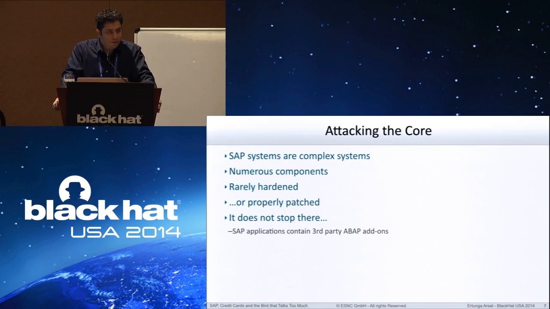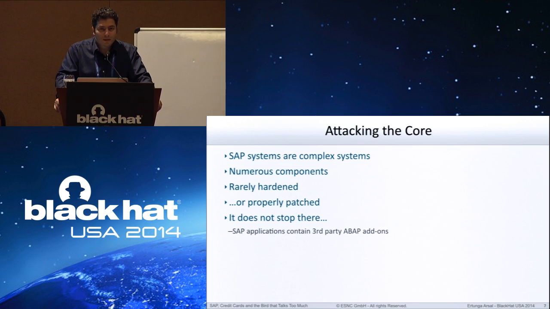First of all, the biggest problem in SAP security is that these systems are extremely complex systems. They have tons of different components. And if you work at an IT project, you know, the moment you try to do hardening of the operating system or database or other components, then things start breaking.